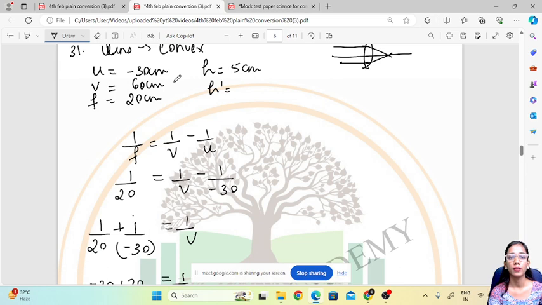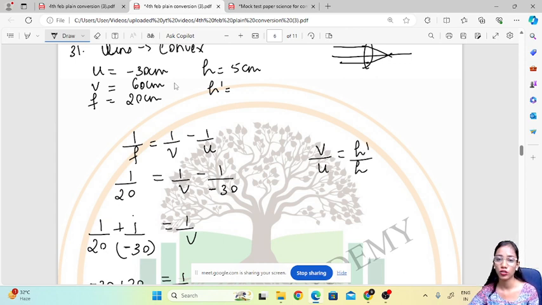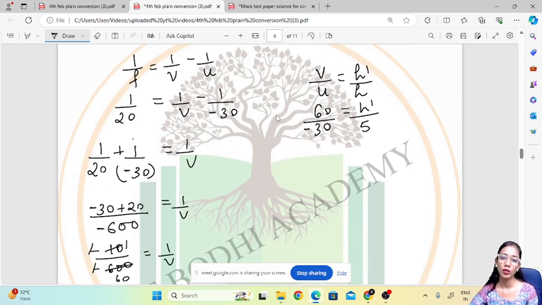What is the height of the image? Magnification. Again we are doing the same relation, that is for magnification, v upon u is equal to h dash upon h. v is 60, we have just found. u is minus 30, h dash is what we have to find, and h is 5. So this will be 60 into 5 upon minus 30.